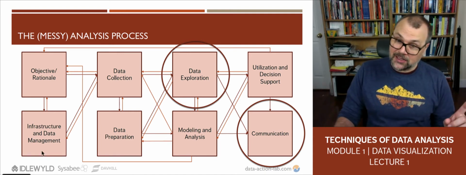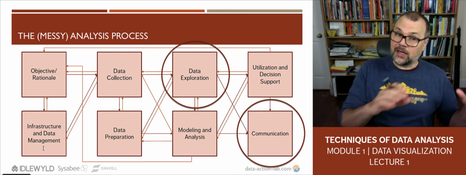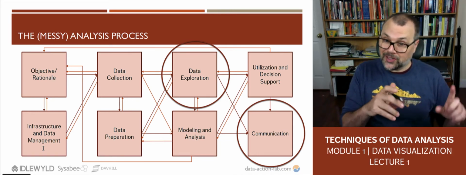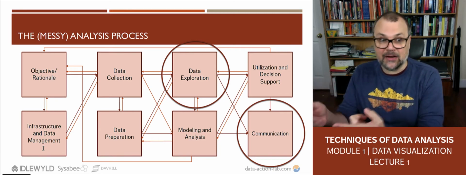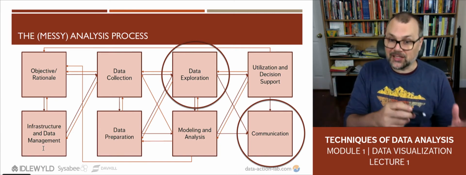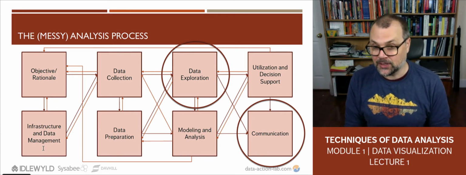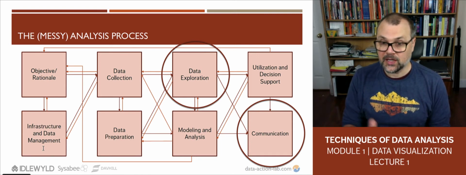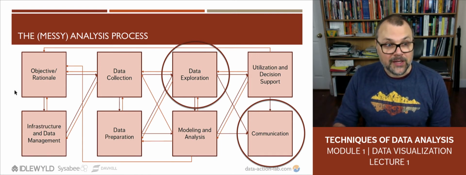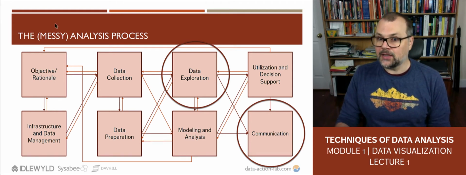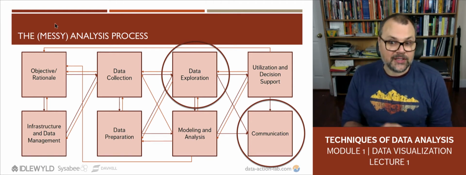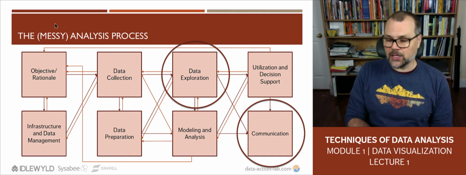But in practice, it's often the case that your infrastructure dictates the kind of data that you can collect, which in turn dictates the kind of question, the kind of objective you might have about the data set. And so these three pieces go hand in hand, and you iterate through them, and it's not clear that one of them is the main driver.